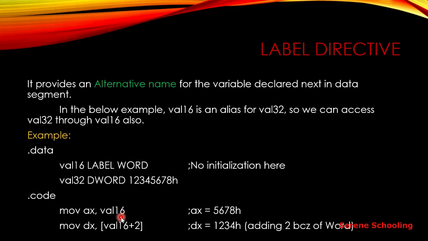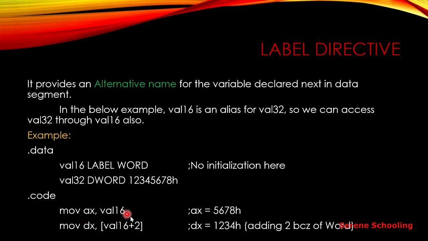So if I want to move the lower part, that is the 16 bits of this number, in AX, then it will be this lower half. This lower half gets stored in AX, and the whole number is still in val32, right?